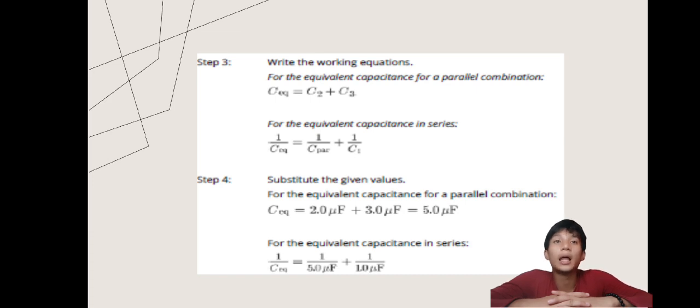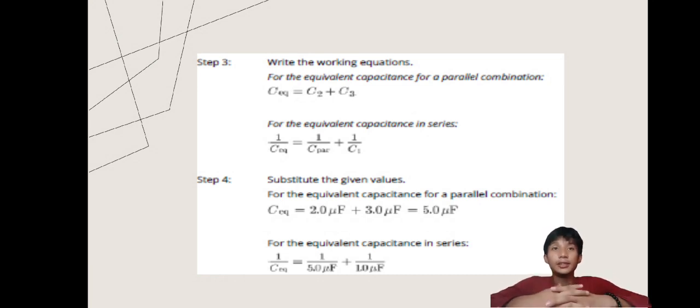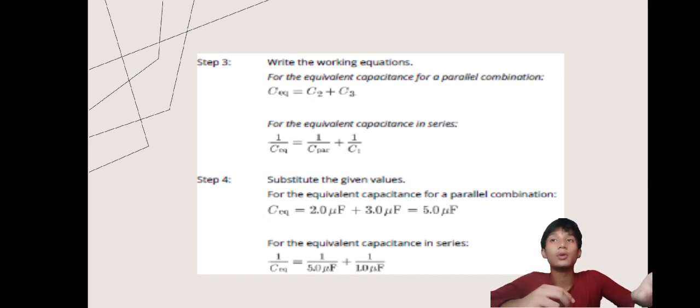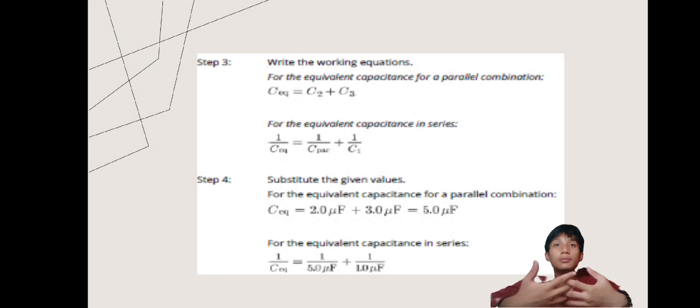Next is to substitute all the given values. For the parallel combination, 2.0 microfarads plus 3.0 microfarads is equal to 5.0 microfarads. And for the equivalent capacitance in series, it is 1 divided by 5.0 microfarads plus 1 divided by 1.0 microfarad. Now you just find the answers.